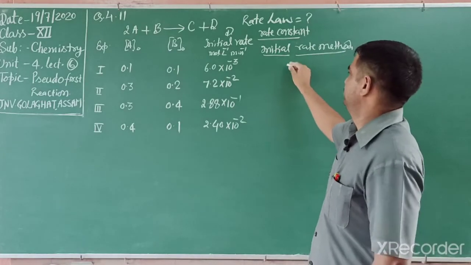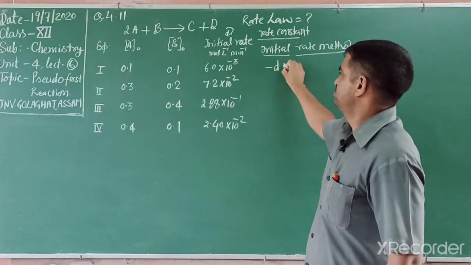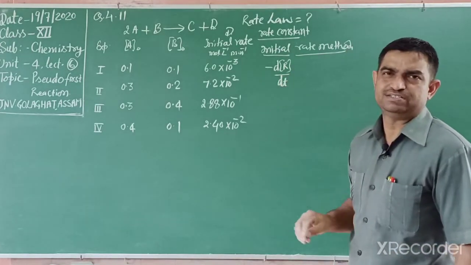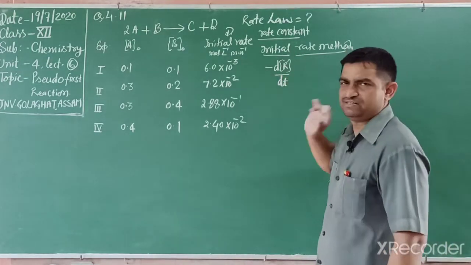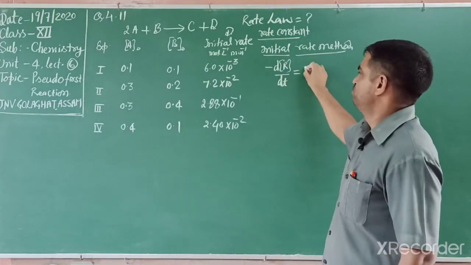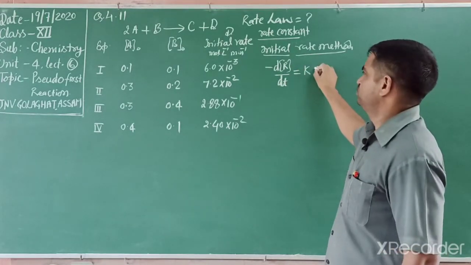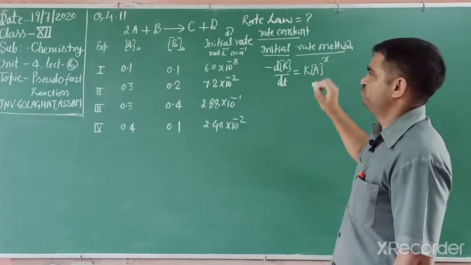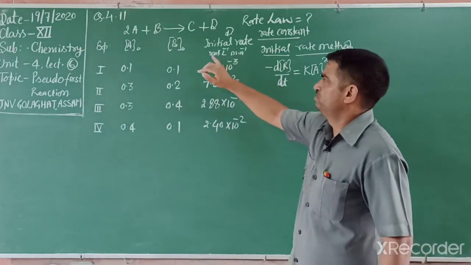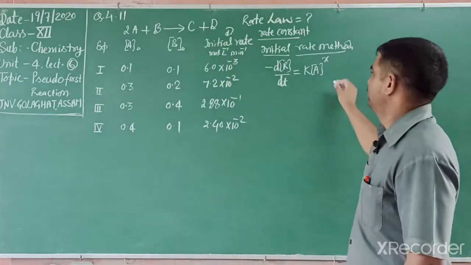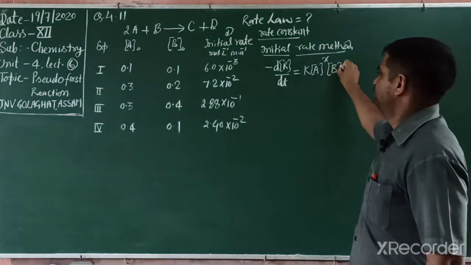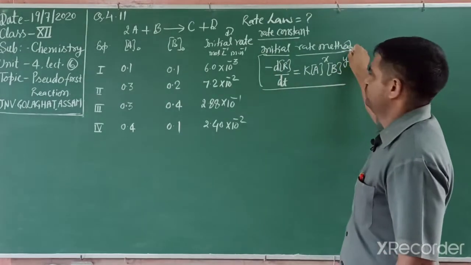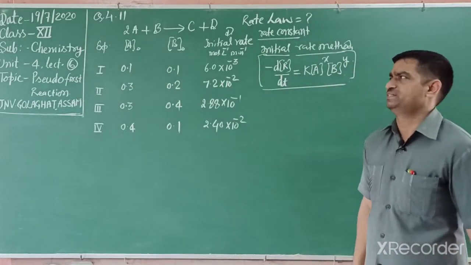The rate law is written this way: minus d[R] divided by dt, meaning the rate, is equal to K, concentration of reactant A power x, we don't know the order of reaction, and the other reactant B power y. So this is known as the differential rate equation. First we have to write the differential rate equation.